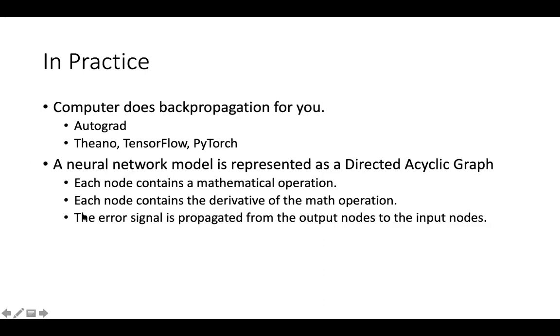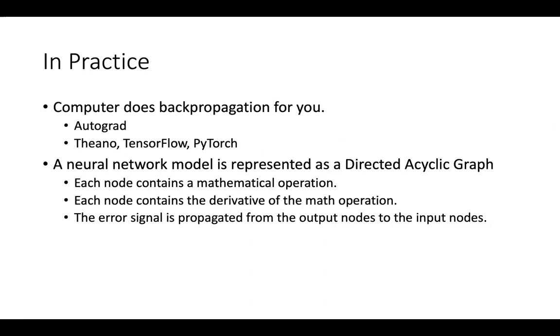Just a high-level concept of how they can do backpropagation for you automatically: Theano, TensorFlow, PyTorch, they're all just neural network models represented as a directed acyclic graph. A neural network is basically a graph. There's the input and there's the output.